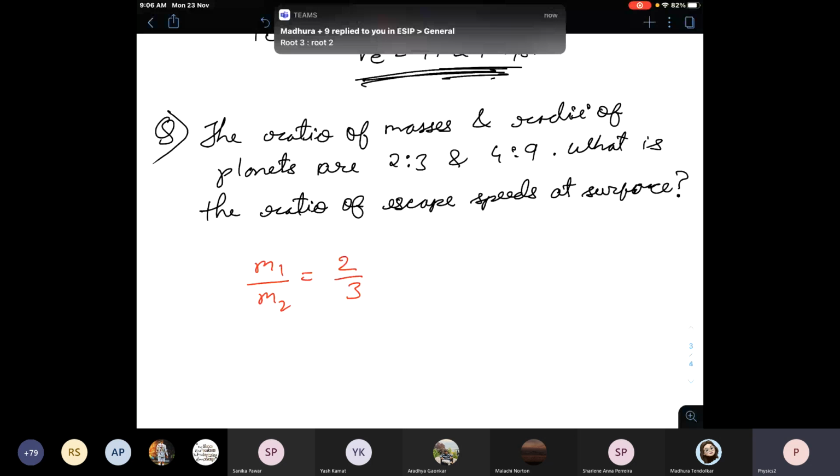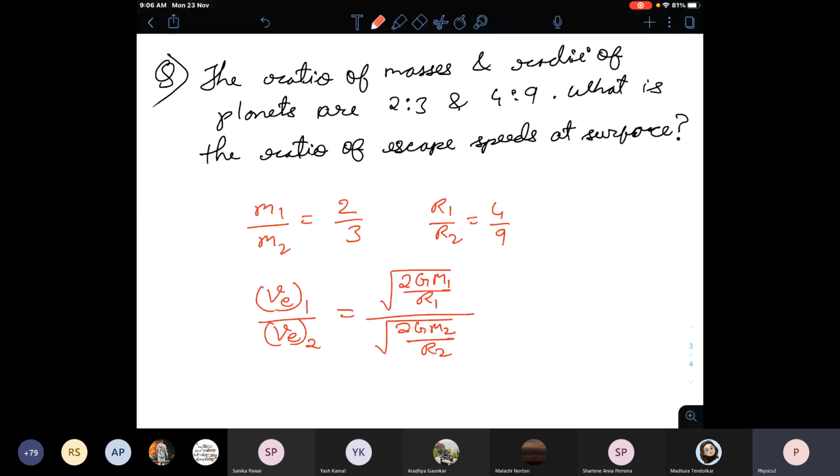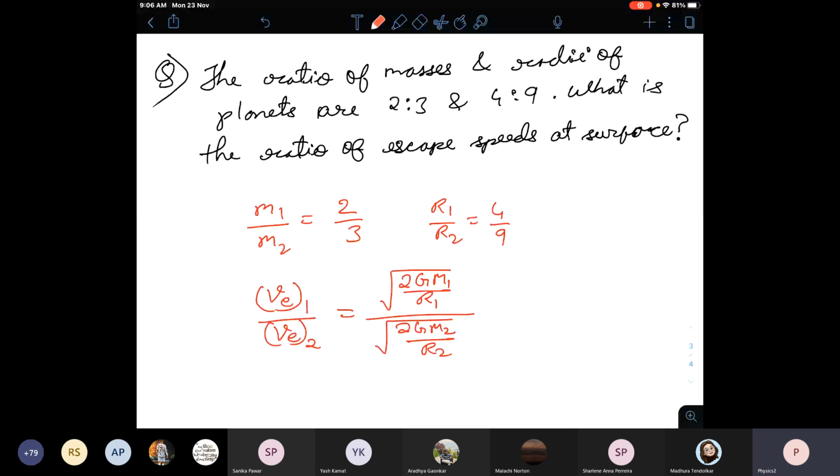So just replace the formula which we know, that is under root of 2GM1 by R1 upon under root of 2GM2 by R2. Why am I using the first formula here? Because ratio of mass is given to us, so we need the formula which includes mass. In under root of 2GRE, the second one, there is no mention of mass, so I cannot use that formula here.